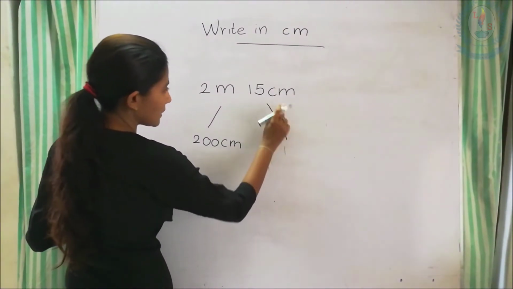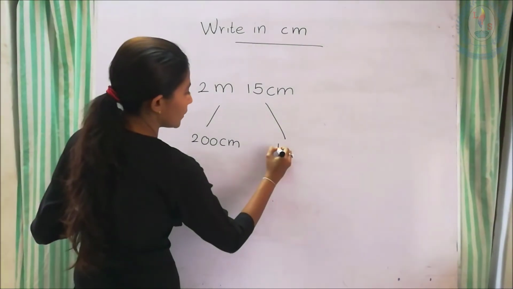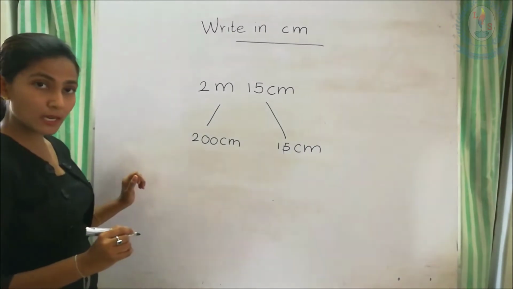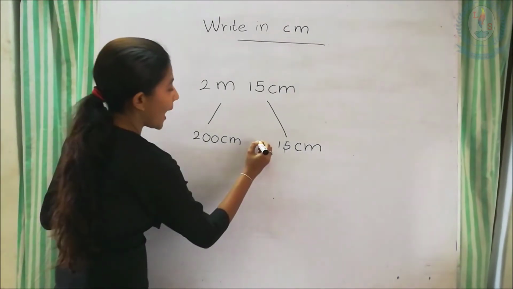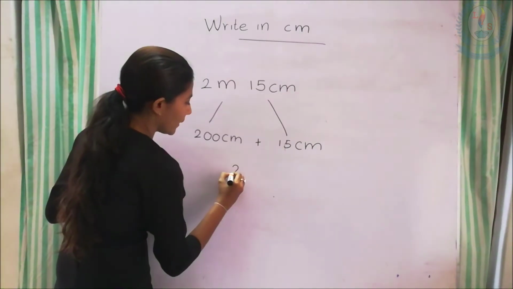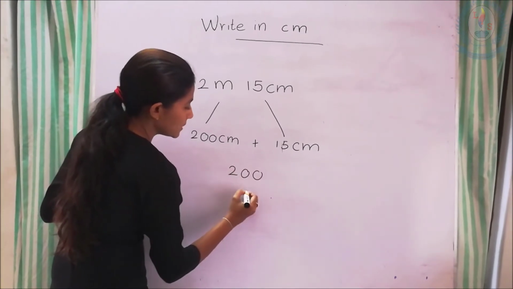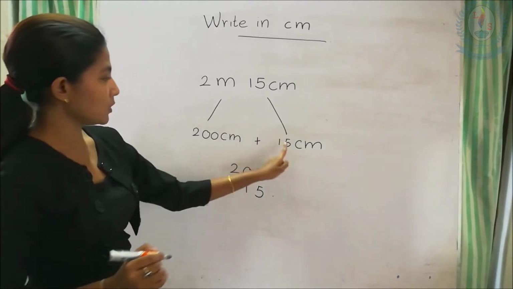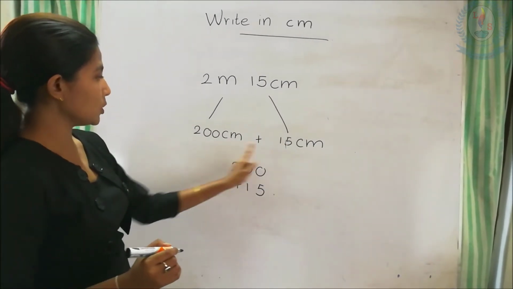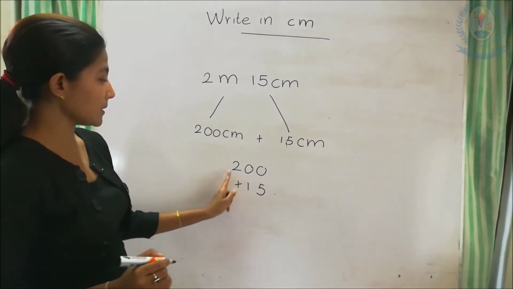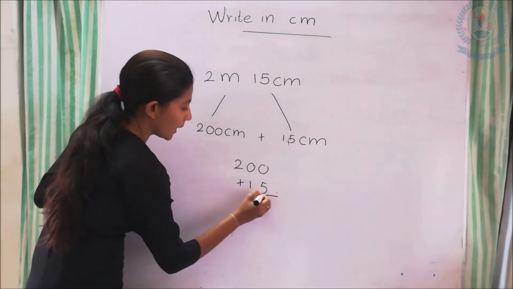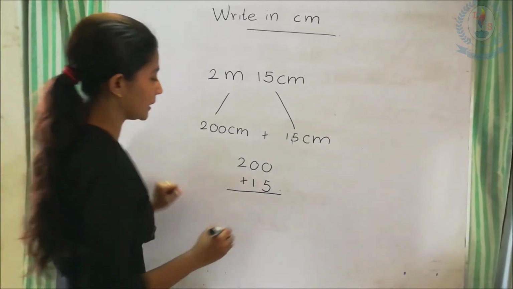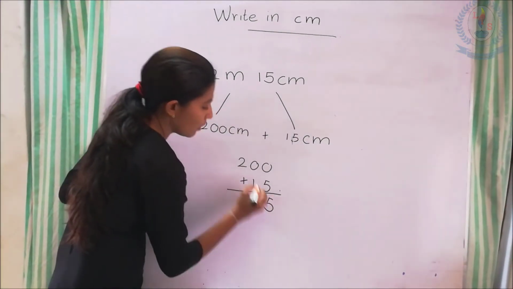Then, this is given in centimeters, we write it in the normal way. Then as we did earlier, we have to add these two. 200 and this 15 we can add. These units are in the units place, tens place, and 2 is in the hundreds place. Then 0 in your mind, 5 fingers. If you take, it is 5.